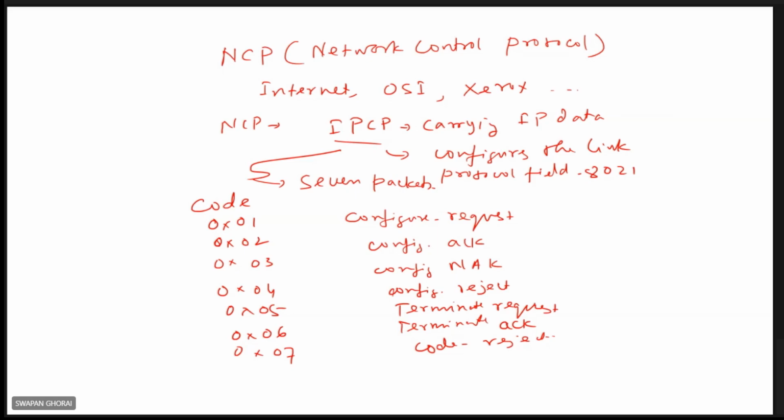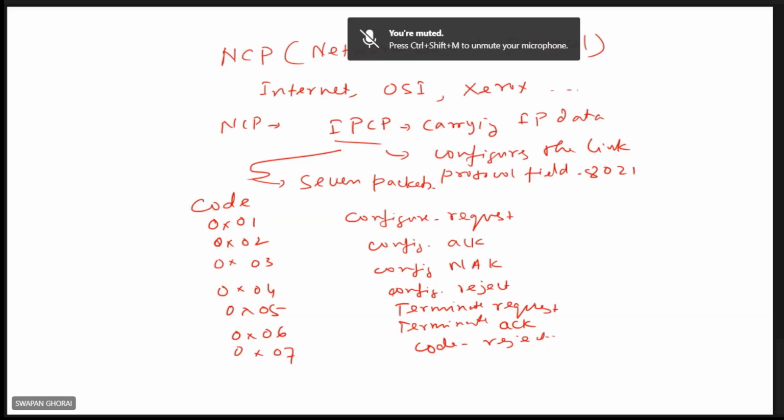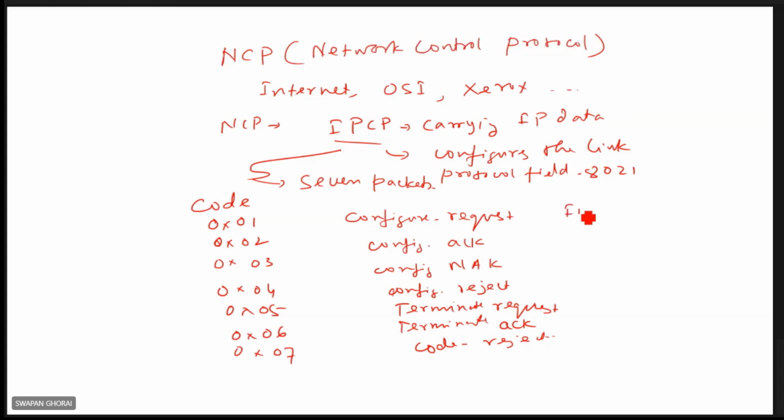Different protocol fields are there for different network layers. PPP, or the different values you can see. If PPP is carrying data from IP network layers, then the field value will be for IP layers.